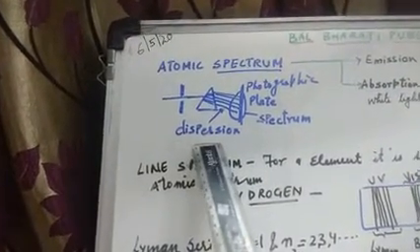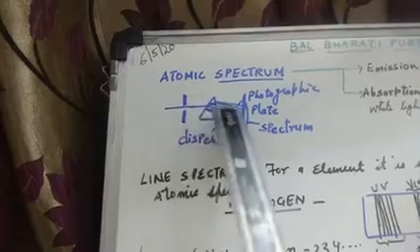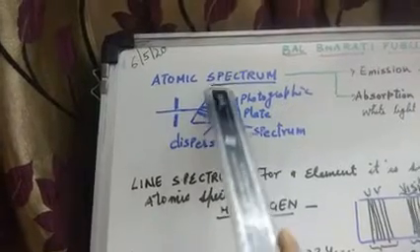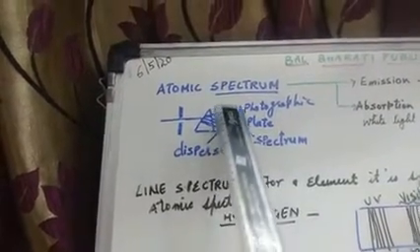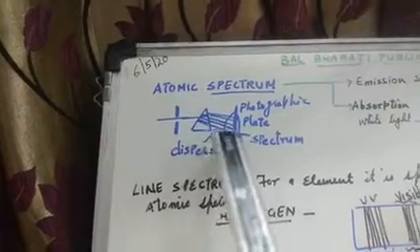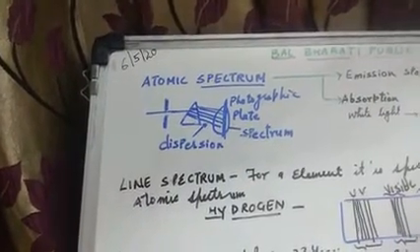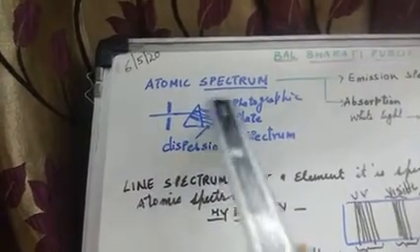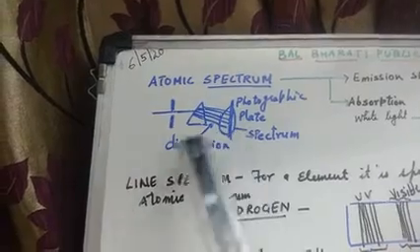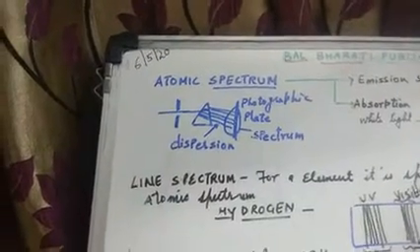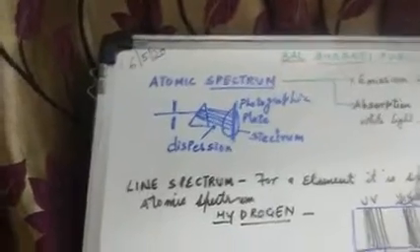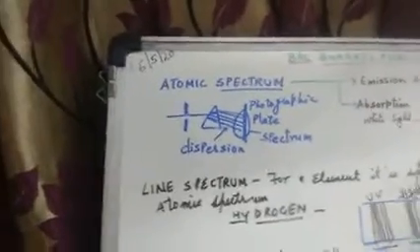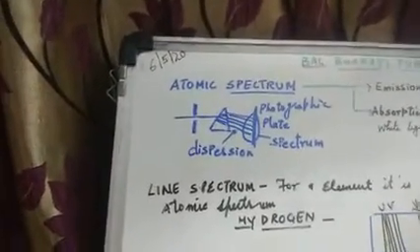And due to dispersion, when these lights of different wavelength are taken on a photographic plate, we obtain some definite pattern over the photographic plate. So that pattern which we are getting after dispersion is called spectrum.